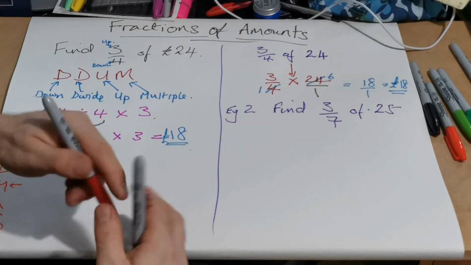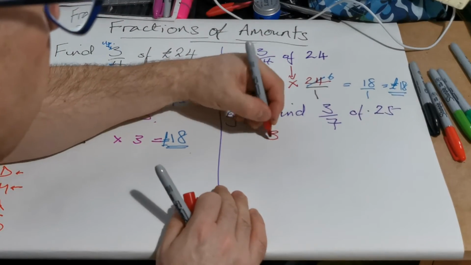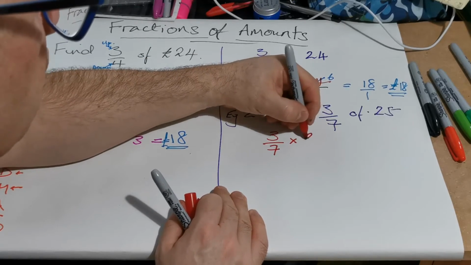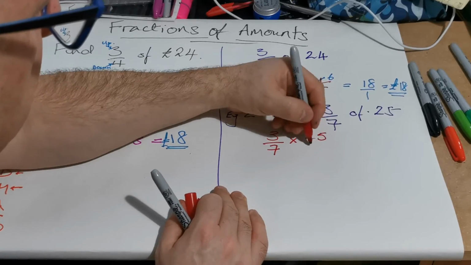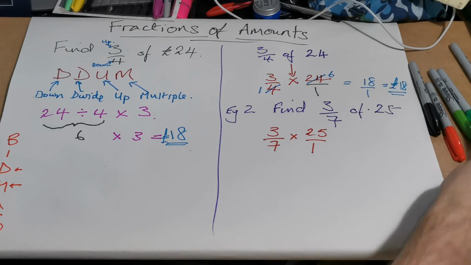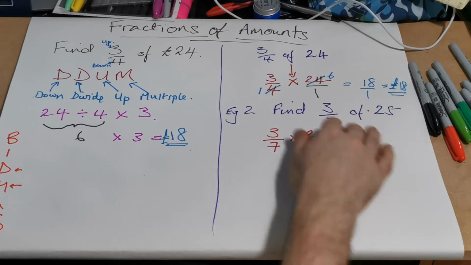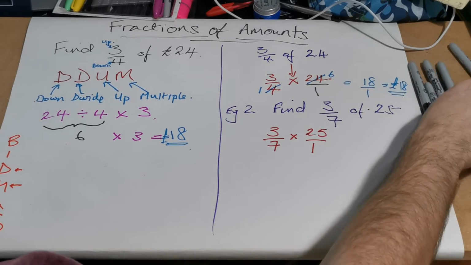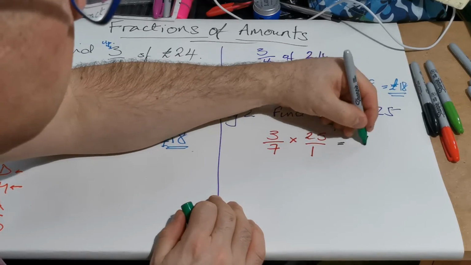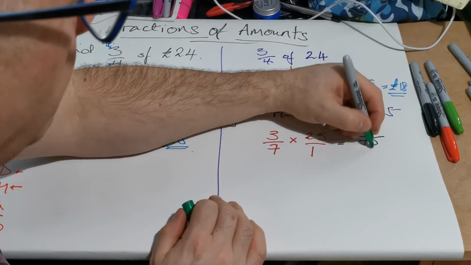If I think about the mechanics of that, that's 3/7 times 25 over 1. There's nothing in the times tables that meet, so I can times the tops and times the bottoms. So that's 75 over 7.